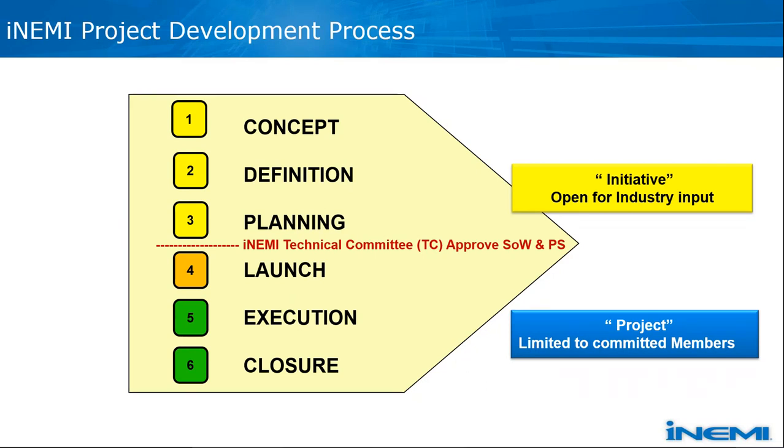Then we document the SOW and PS. When the SOW and PS are approved by the iNEMI TCs, we move to the next steps. Step 4 launches, followed by execution and closure. Steps 4 to 6 are limited to committed members from iNEMI member companies. So only iNEMI members can join these steps from step 4 to 6.